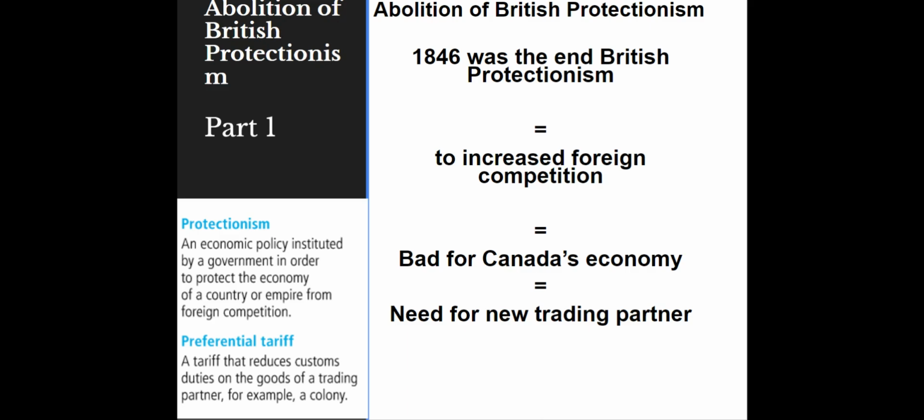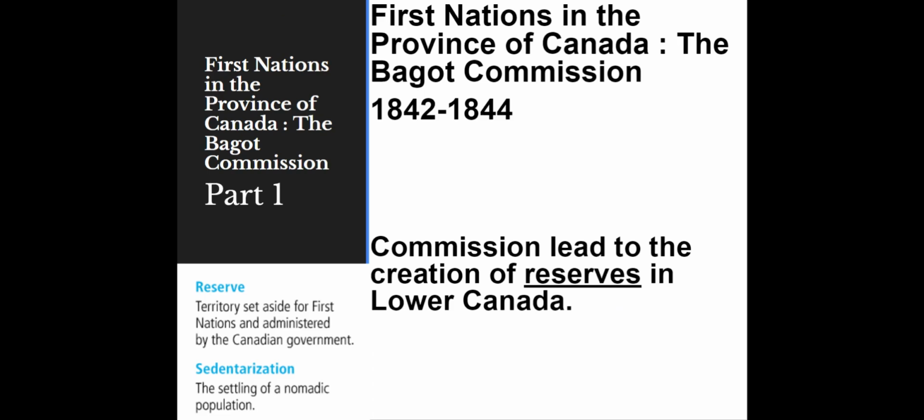It's important to note, in terms of the economy, an economic factor at this time is what is called the abolition of British protectionism. In 1846, Britain stopped protecting Canada's economy, and basically Canada was left to find a new trading partner, since they no longer had preferential tariffs.